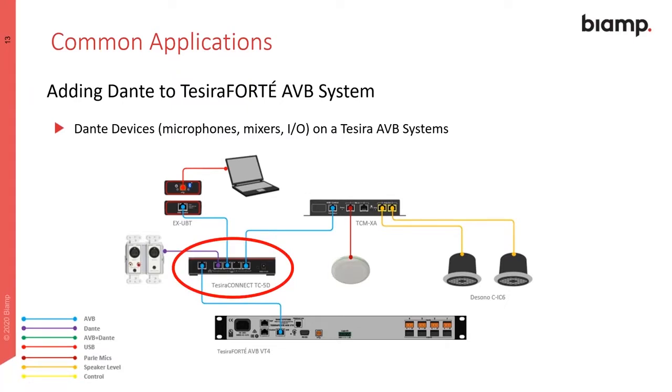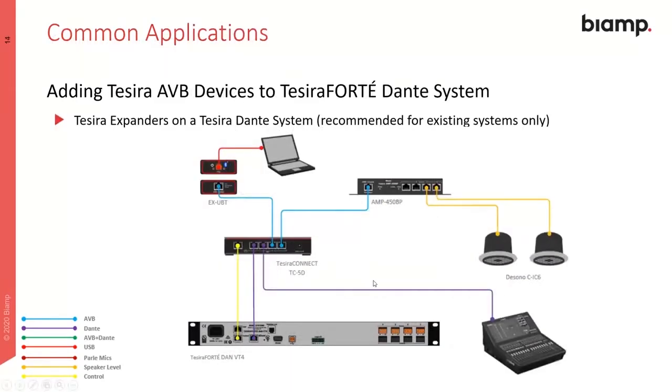The other example is if you already have a Tesira 40 DAN VT4, for example, connected to your console, and at the same time you want to use the PoE amplifiers, which are over AVB. As I said, all the blue lines are AVB and the purple lines are Dante.